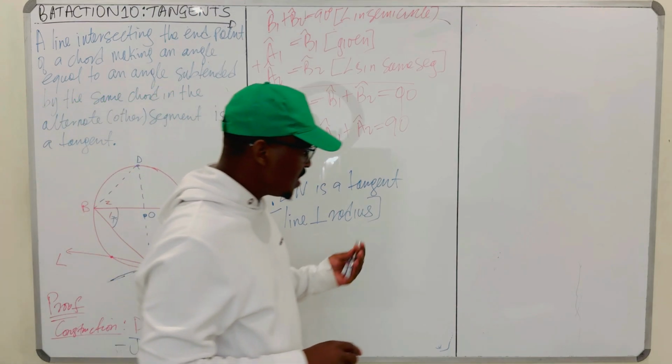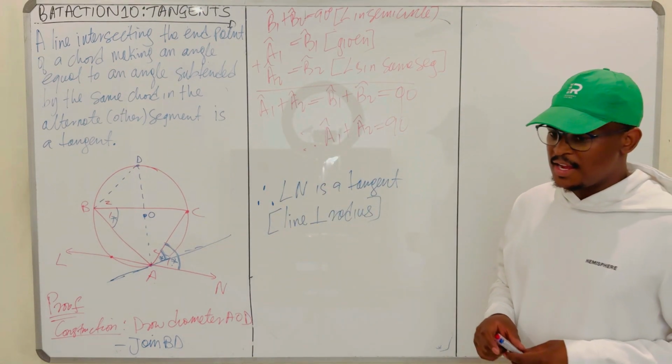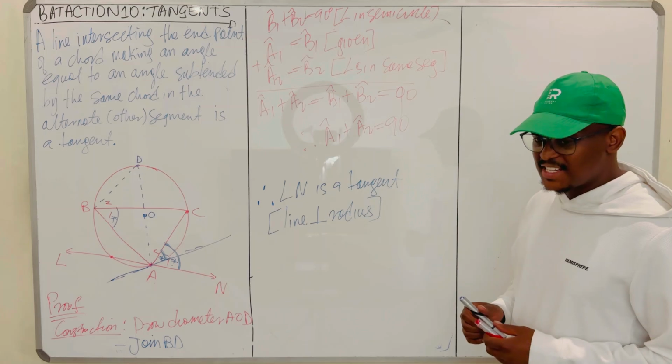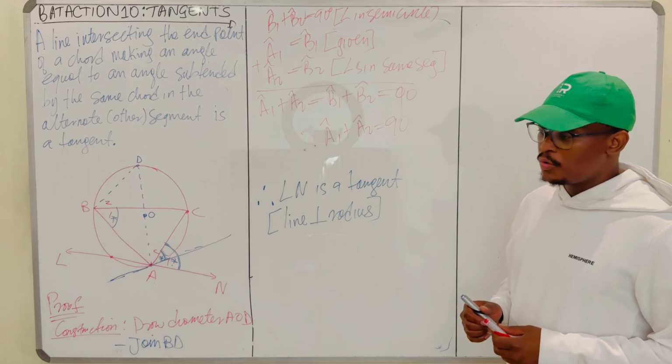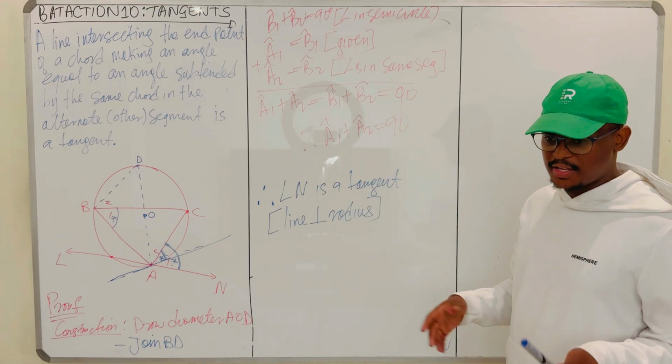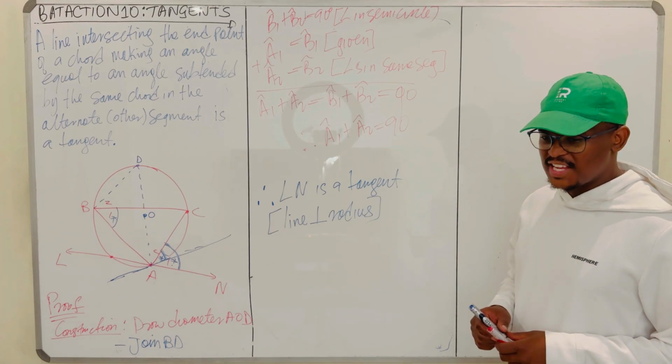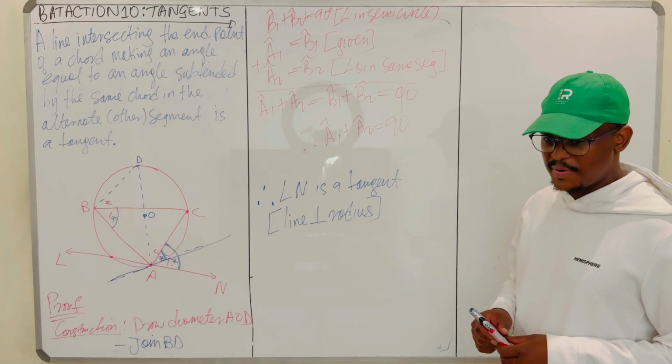Also, now that you know tangents, I want to remind you of a theorem that says the opposite angles of a cyclic quad are supplementary. Yes. Do you remember that? Yes.